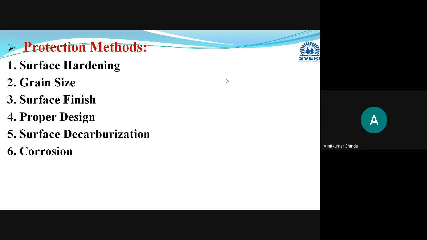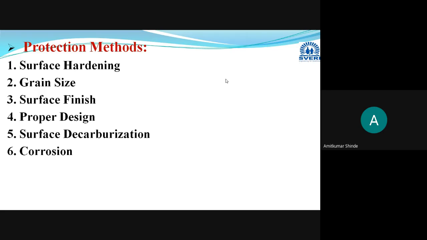Whenever a fine surface finish is there, it automatically improves the fatigue life of that component. If a rough surface finish is there, it decreases the fatigue life. Then, while designing, you have to follow proper guidelines, meaning you have to avoid sharp edges or sharp corners.